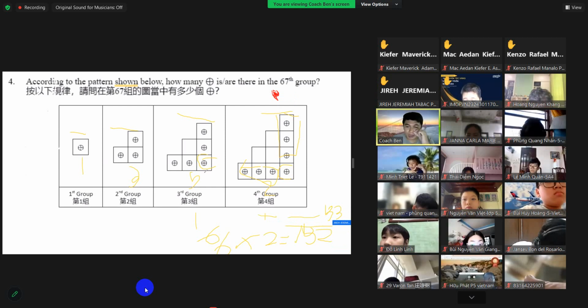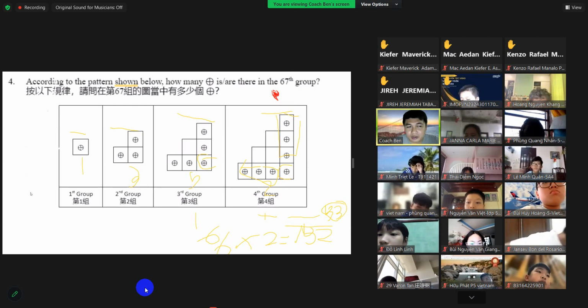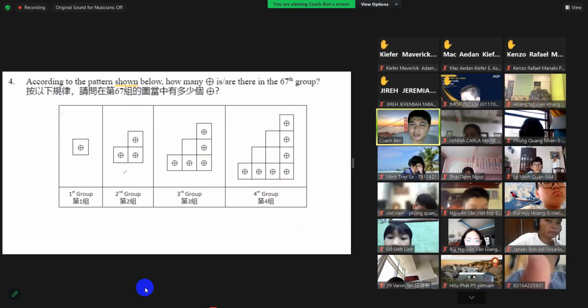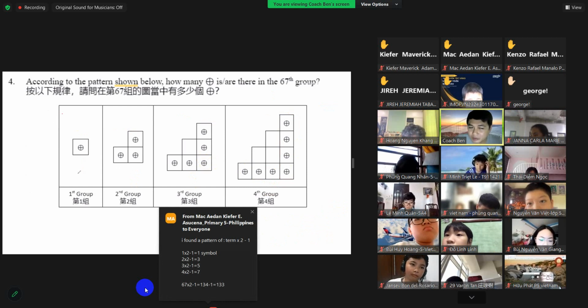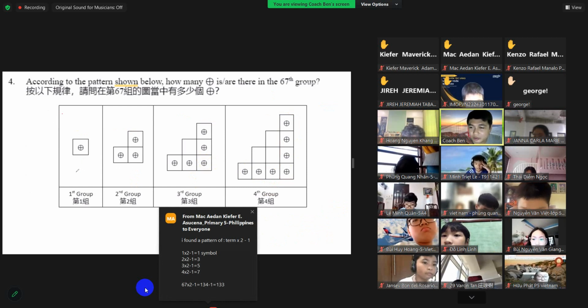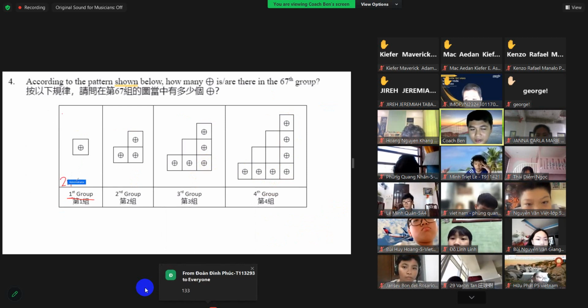Okay, very good. The answer is 133. So thank you for that, Jaire. There are many ways to figure out the pattern, but the most obvious one is that if the label of the group is n, then it is just 2n minus 1, and that will give you the number of symbols inside the figure.